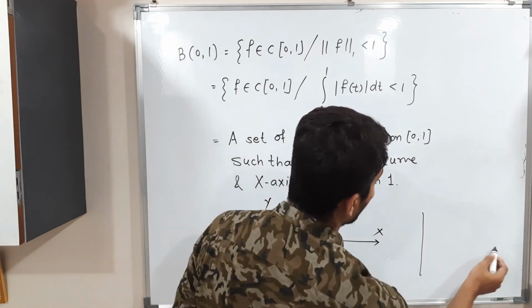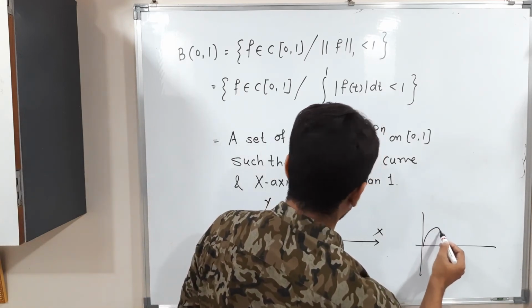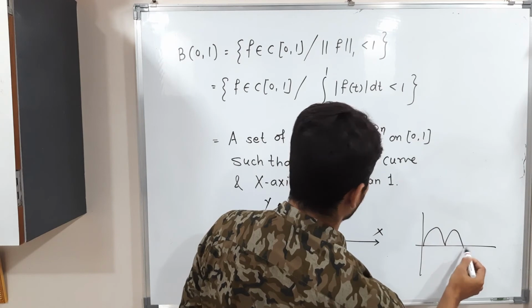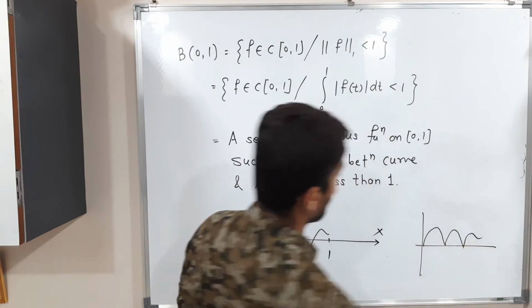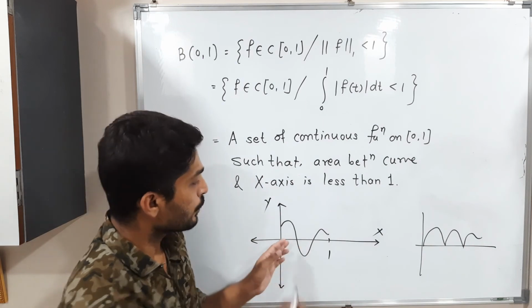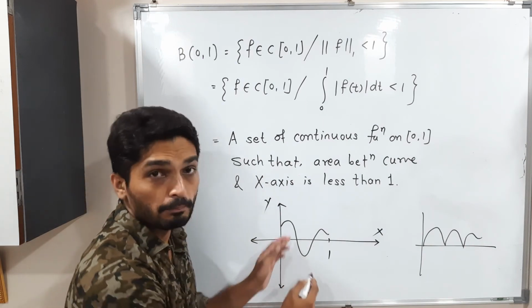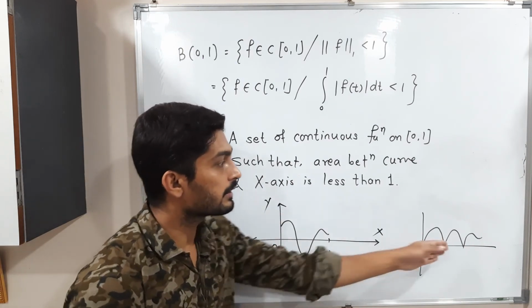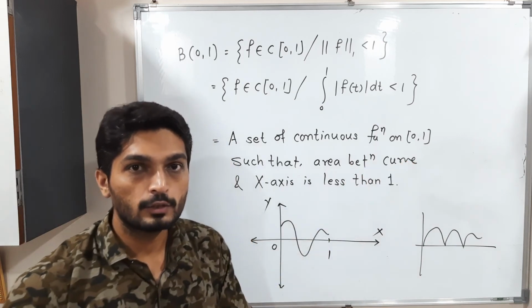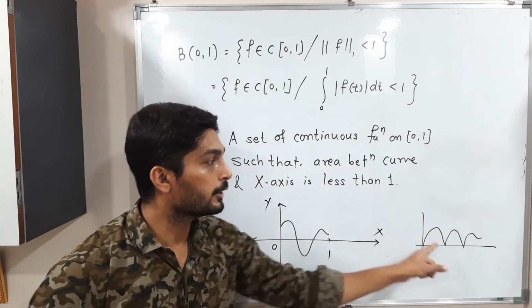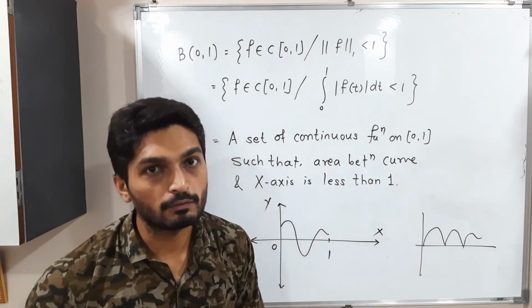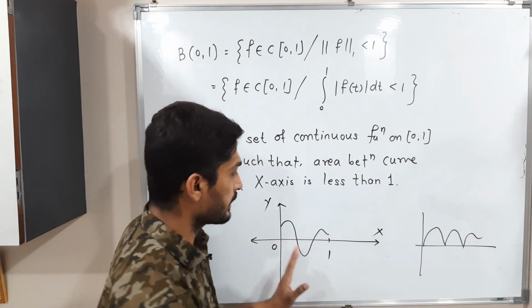The curve will look like this. Whatever you have below the x-axis, you will have a reflection above the x-axis. When you take a mod, the negative part will be converted into the positive part.